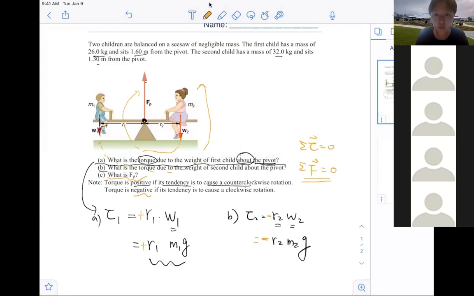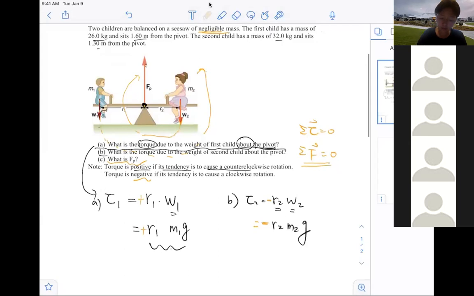We call this the normal force. It's because this whole object is sitting on top of this pivot point, pointing upward, supporting the entire seesaw. The seesaw itself has negligible mass, but there are two children, so it's the weight of the children that this force is trying to balance.